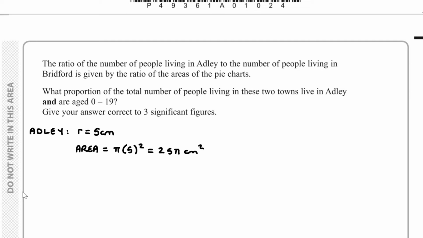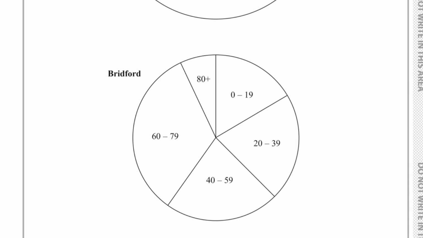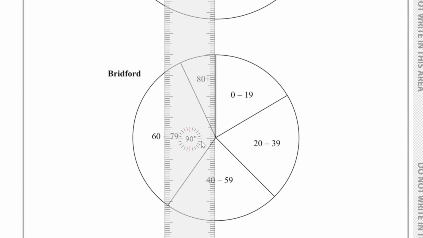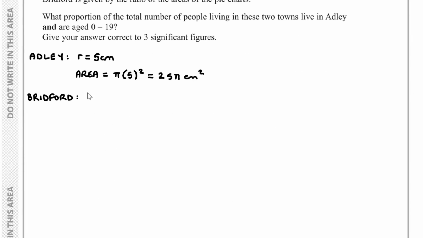And if we take a look at Bridford, if we go back here and find the radius, you can see here the radius is 4. So the radius is equal to 4 centimeters, and therefore the area here is equal to pi lots of 4 squared, which is 16 pi centimeters squared.